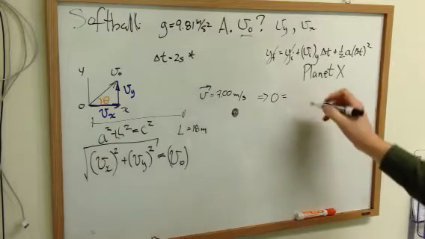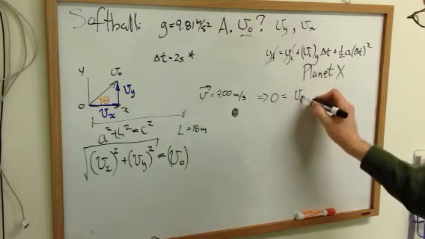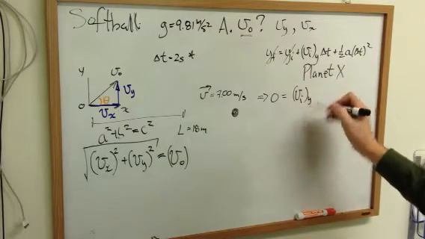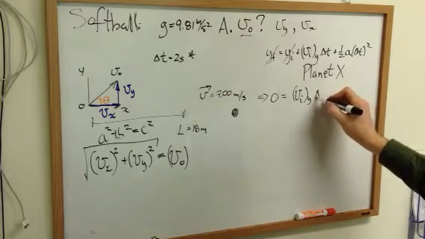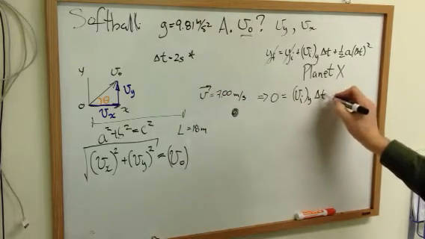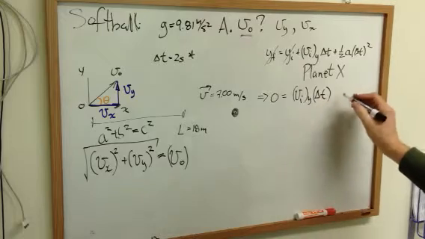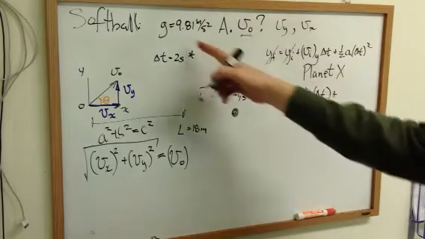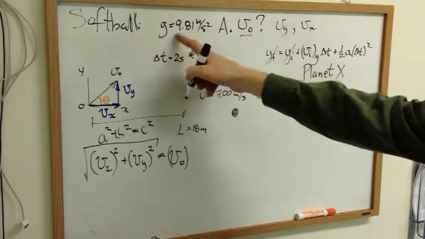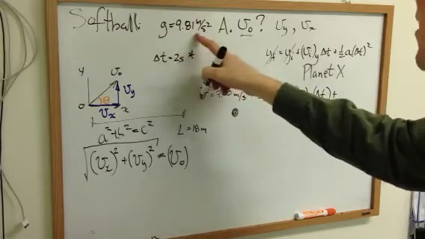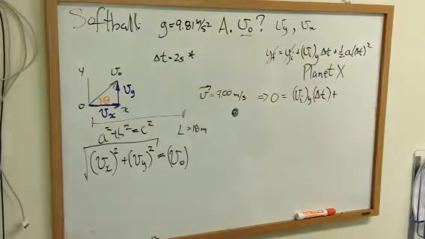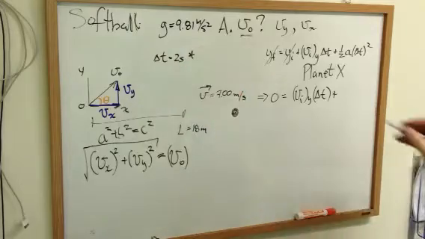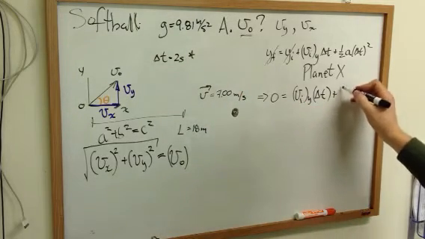0 is equal to the initial velocity in the y direction times the time. I know what the time is, but this is what I'm looking for. So that's known. My acceleration is acceleration due to gravity. They quote it to 2 decimal positions in this question, and it's downwards.